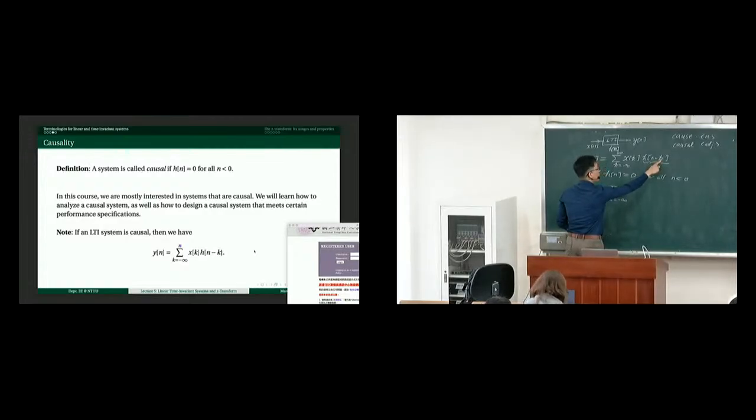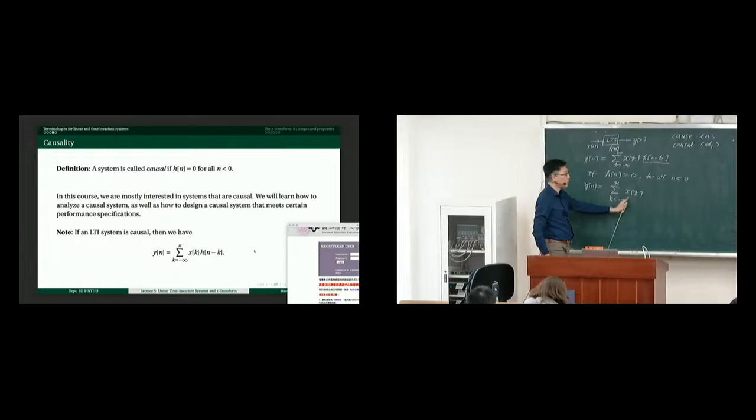We can sum k all the way to n, because when k equals n plus 1 and beyond, this term becomes 0. The system is causal. That's why we can sum from the past, all the way to the current time. The idea is to look at the history and sum up to the current time.